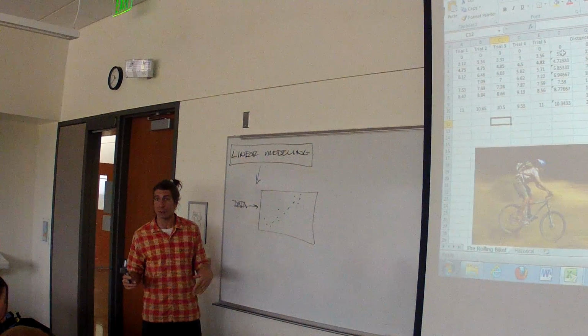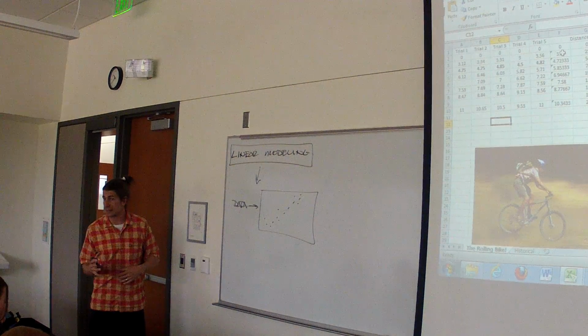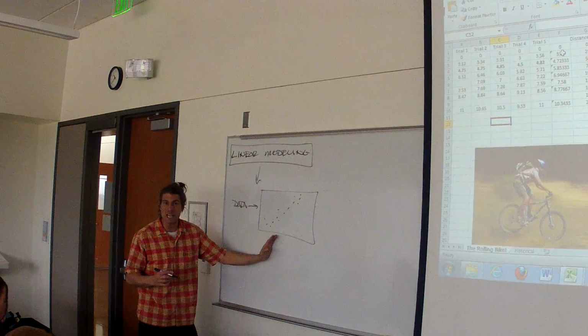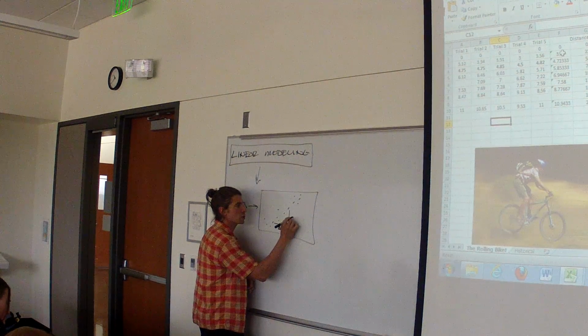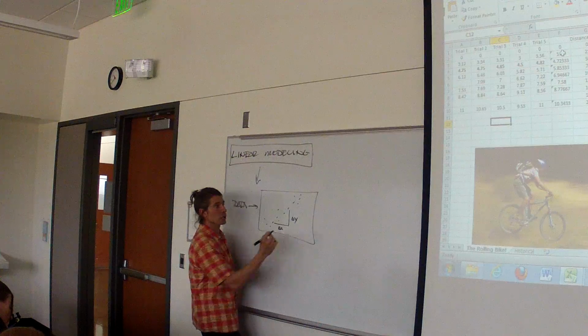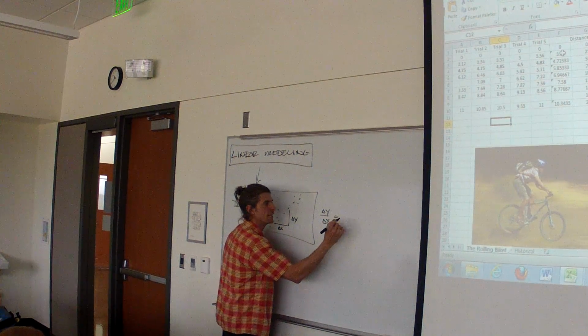It could be up, it could be down, it could be horizontal for that matter. But the key is that it's consistent. For any change in x, the change in y is consistent. So your change in y over your change in x is consistent.